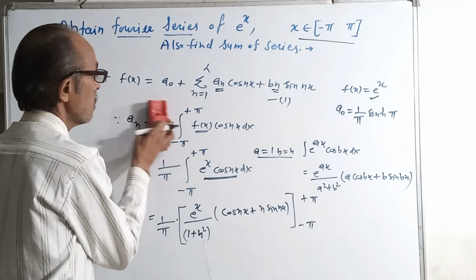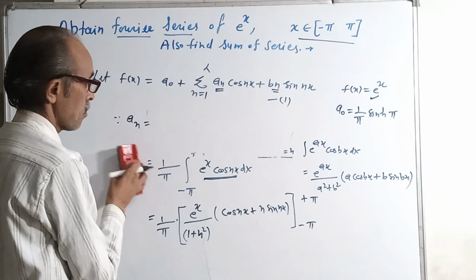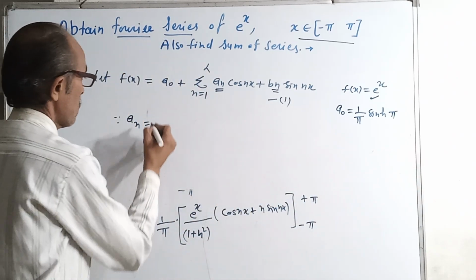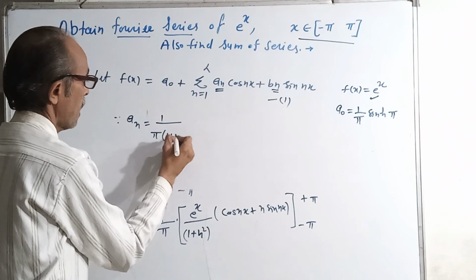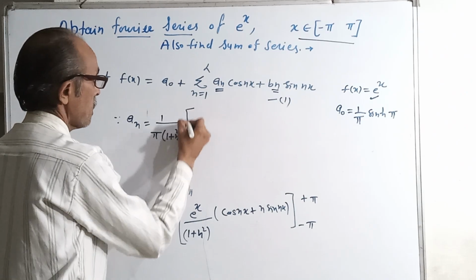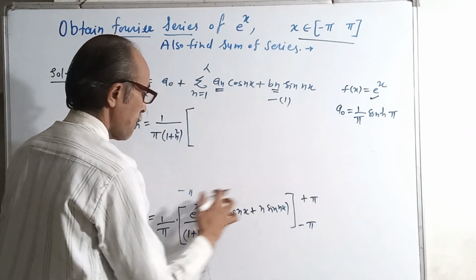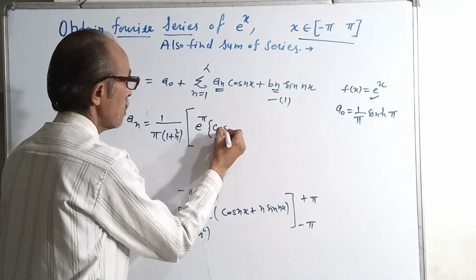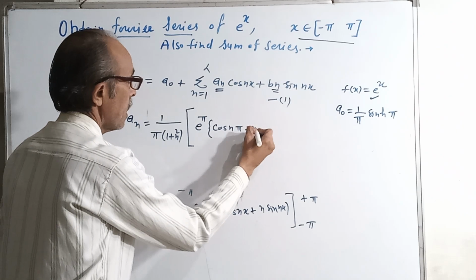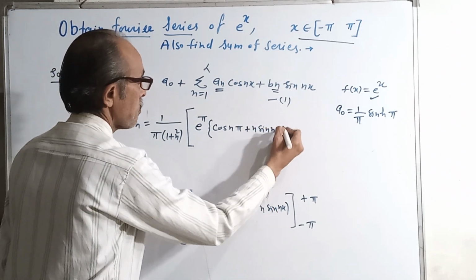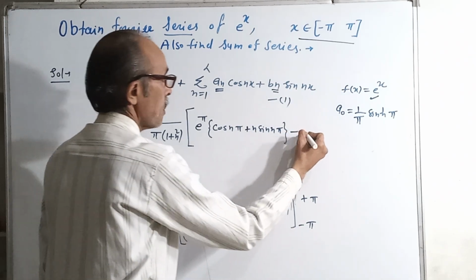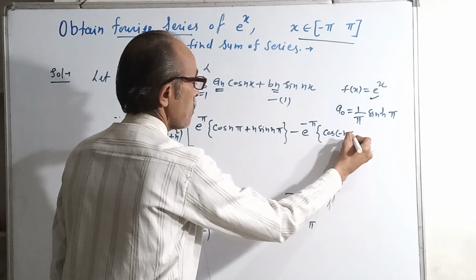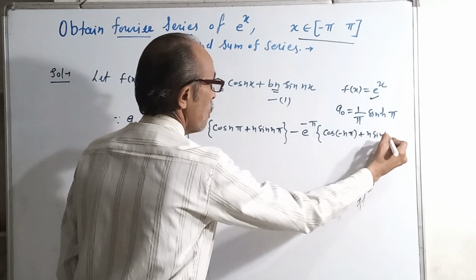Then an is equal to 1 upon π multiply 1 plus n square is constant value, and therefore we put the upper limit π in this function, then e raised to π multiply cos(nπ) plus n multiply by sin(nπ), and minus lower limit −π, then e raised to −π and cos(−nπ) plus n multiply sin(−nπ).